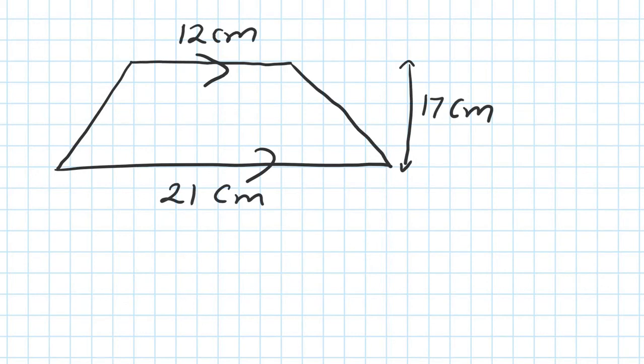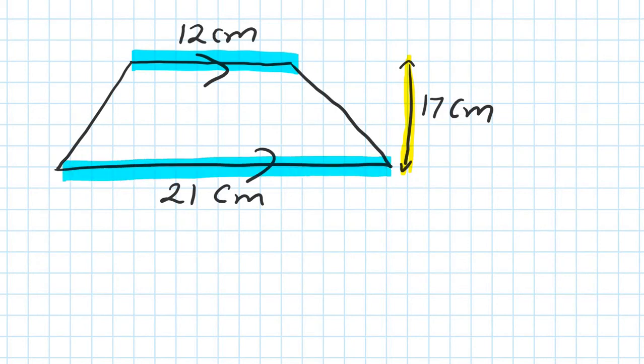Now with this shape here, the perpendicular height is 17. This is 17 centimeters. That's the perpendicular height. And the parallel lines, which are A and B, are these.